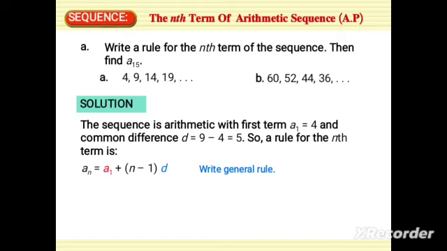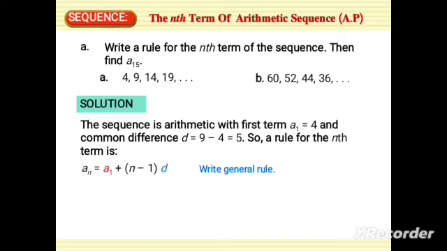So if you are looking for the 15th term, then it will be the first term a, plus n, which in this case is 15, so 15 minus 1, times d. So in general it's going to be a plus 14d, that is if we are looking for the 15th term.